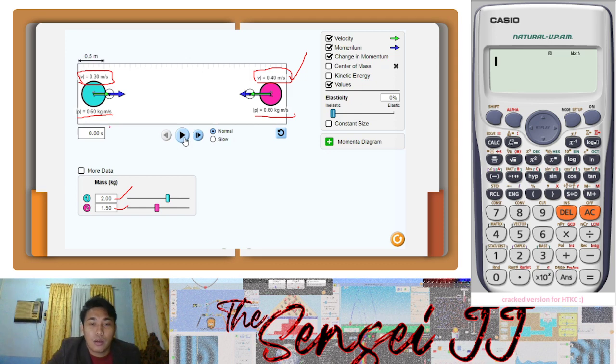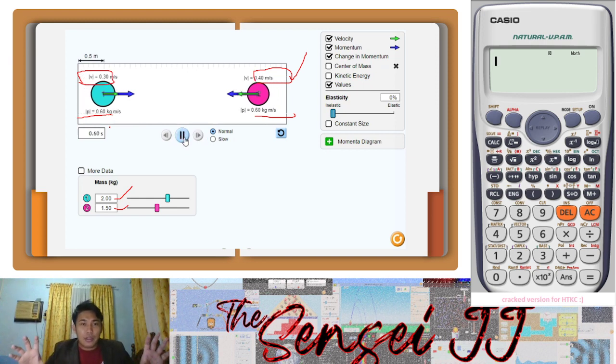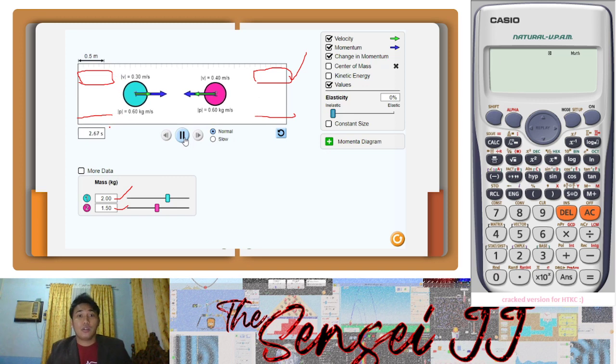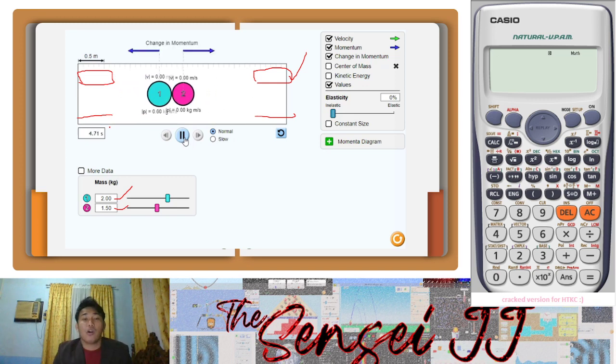So what will happen is they will stop. They will stop because of having the same momentum. If they have the same momentum in an inelastic collision, they will both stop.